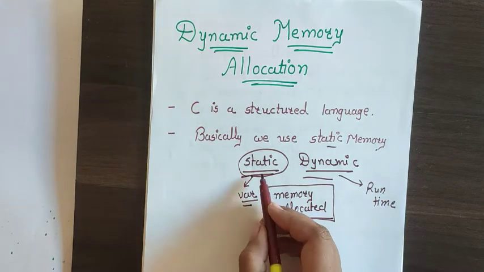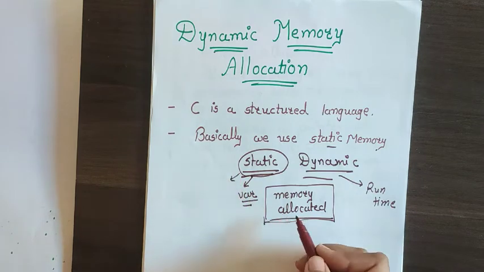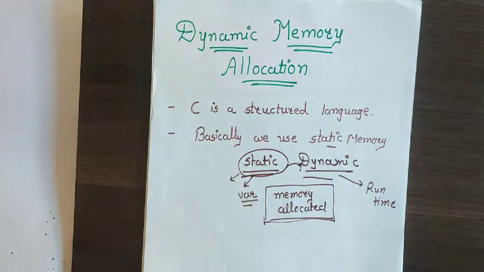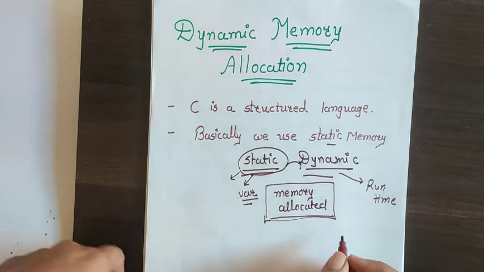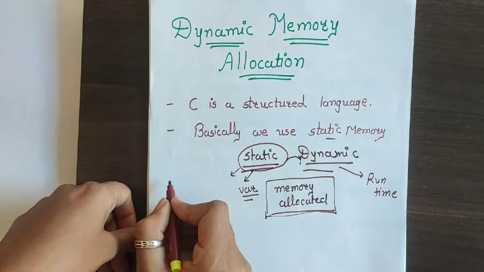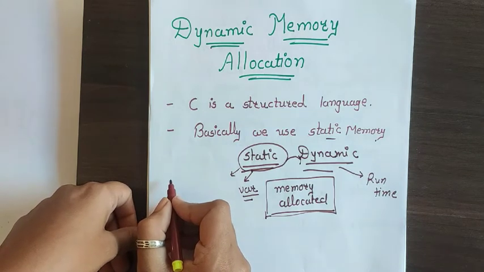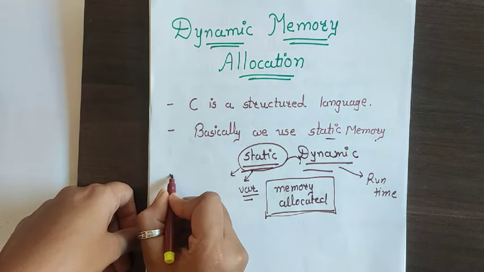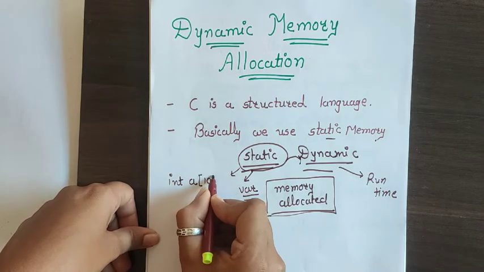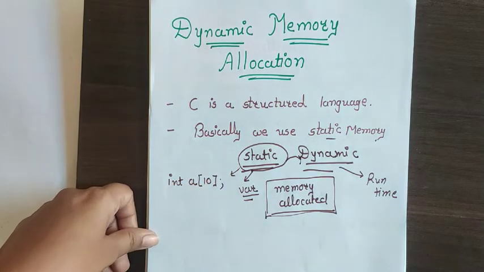Now there are some drawbacks of static memory, so that is why we are using the concept of dynamic memory. Now what are these drawbacks? So suppose, let us say I'm initializing an array. So I'm having an array integer a of size 10, right?